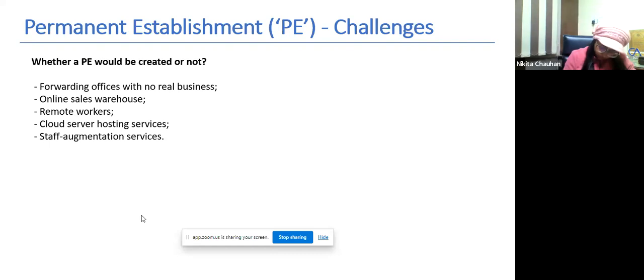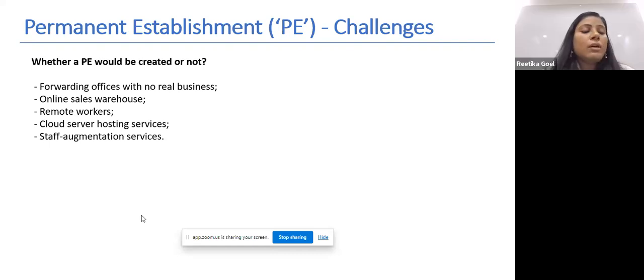There have been a few recent judgments of Danish courts and Netherlands courts which have said that the activities need to be evaluated based on the people functions being performed: whether they are significant people functions, and whether they are critical enough to affect the productivity or business of the company.